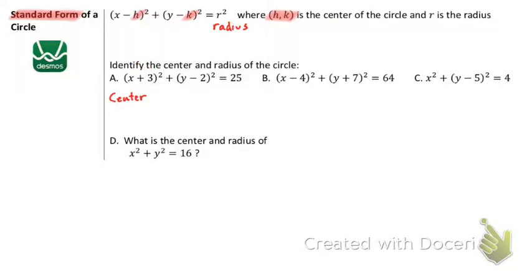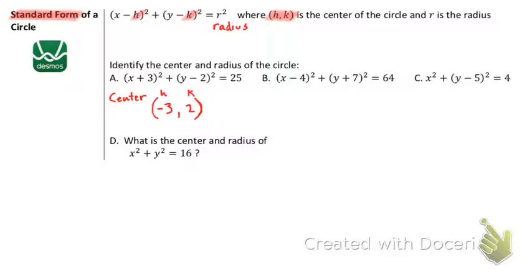When we find the center, our H coordinate, we're going to switch the sign. So instead of positive 3, it becomes negative 3. Now our K is the number that adds or subtracts to our Y inside parentheses. And to find the K, we take this number and we switch the sign. So it's negative 2 in the equation, but it's positive 2 in our point. So we have just found the center of the circle from our equation.